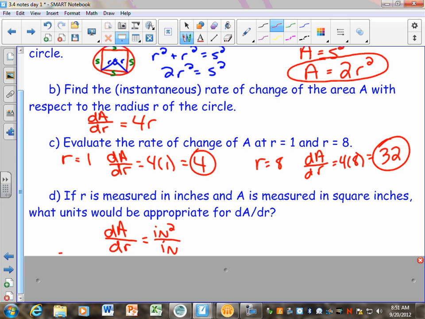We can kind of simplify that, right? Inches squared over inches would just be inches. Lots of times the units aren't going to be the same. Like the top value might be in, I don't know, feet, and then the bottom value might be in time. So think about velocity in feet per second. And so it's not a trick when you're doing that. You just want to think about what were the units of this, what were the units of this, and put them over each other. And so again, that's an important part as we're going in there.